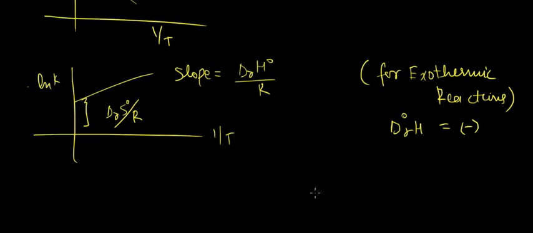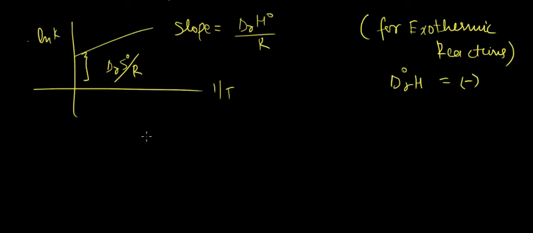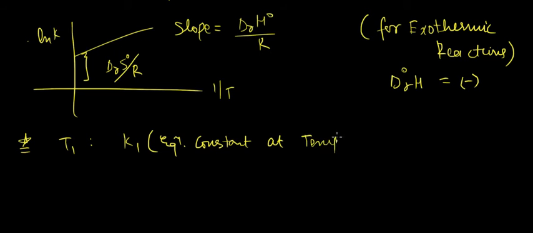Next, let's say at temperature T1 we have K1, which is the equilibrium constant at temperature T1, and T2 is the temperature where we have K2 as our equilibrium constant.